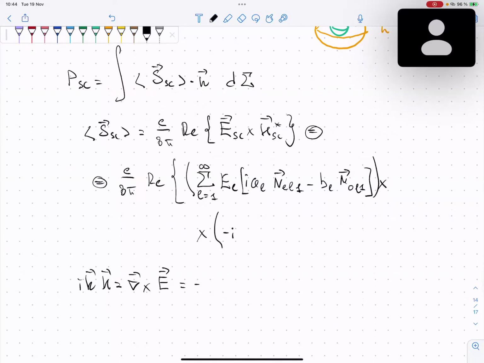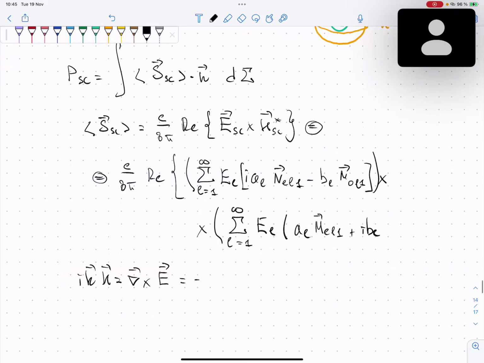In the end, we can write it as the sum over L equals 1 to infinity, without minus, A_L M_eL1 plus i B_L N_oL1.